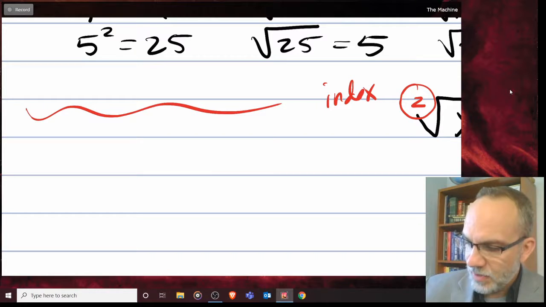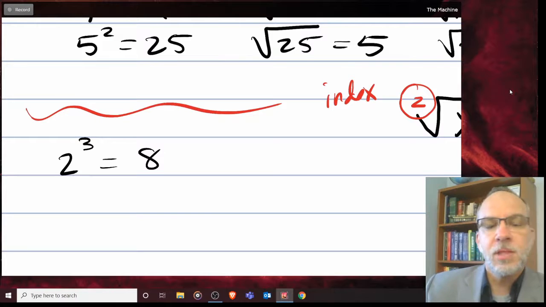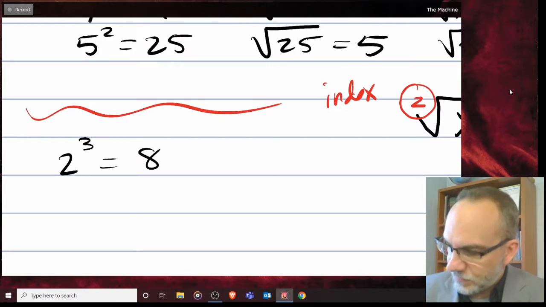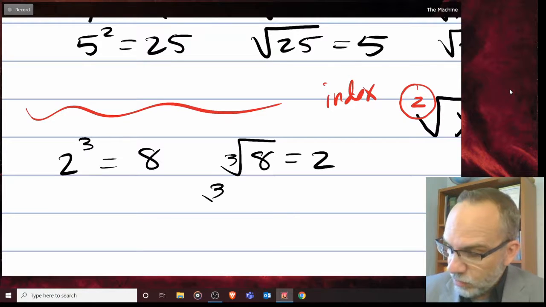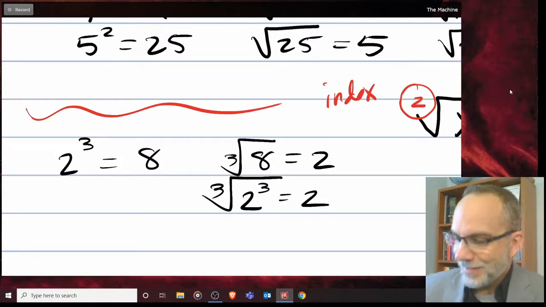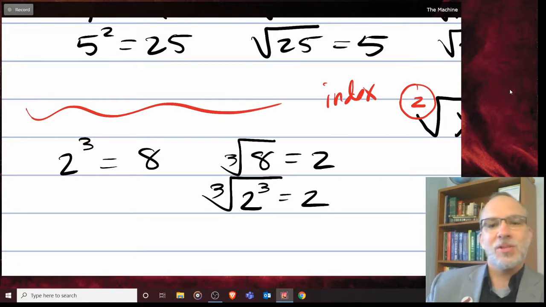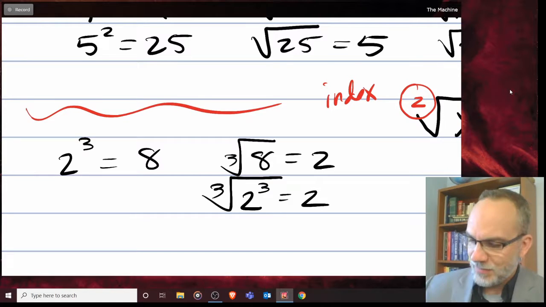Now let's do something like this. What about 2 cubed? That's 8. Reverse the process. What is the cube root of 8? That's equal to 2. Because really it's the cube root of 2 cubed, right? Do you see how when I do them as an exponent, you see that the index and the exponent, if they match, they cancel themselves out? Same thing here.